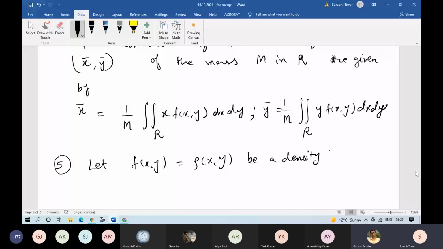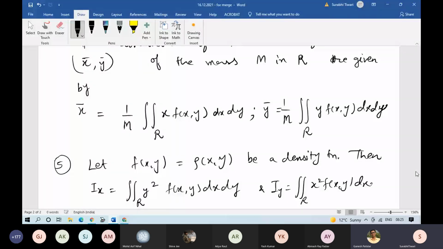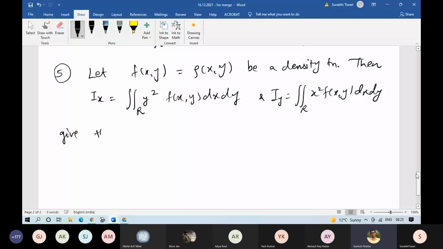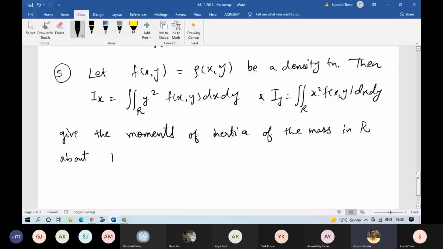Then Ix is equal to double integration over the region R, y square f(x,y) dx dy, and Iy is equal to double integration over the region R, x square f(x,y) dx dy, the moments of inertia of the mass in R about the x-axis and y-axis respectively.